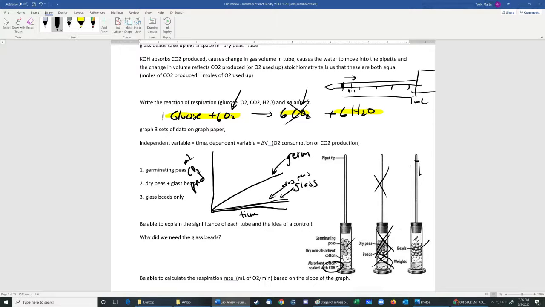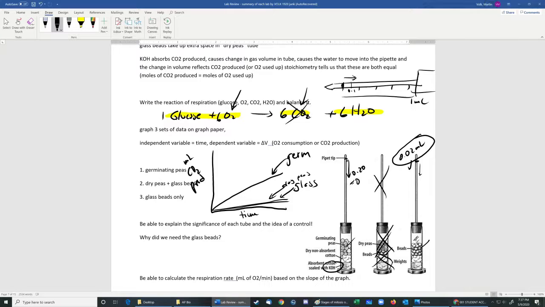But if there's some kind of a change in temperature or change in pressure in the room, if somebody opens a door or something like that, and this moves a tiny little bit, so that let's say this thing moves by 0.02 mL, and then this thing, the actual one that you're measuring with the live peas, moves by, let's say, 0.20, you just simply subtract out this movement from this movement.